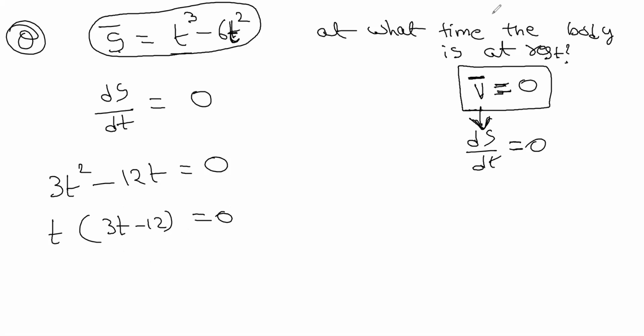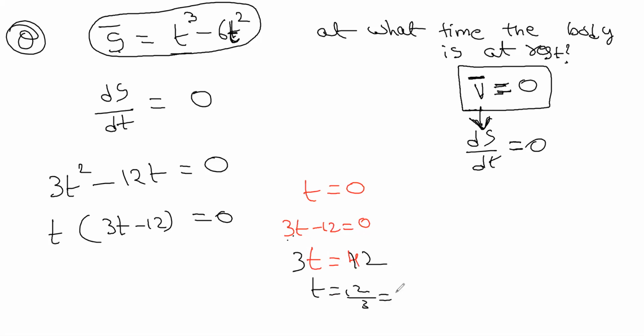Means either t is 0 or 3t minus 12 equals 0. Solving 3t minus 12 equals 0, we get t equals 12 by 3, which equals 4 seconds.